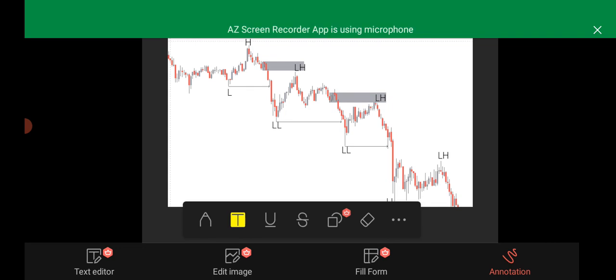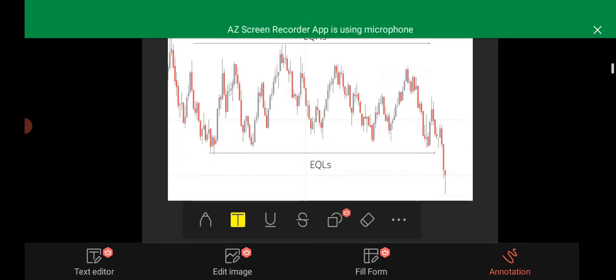You will also see the market continuously breaking the lower lows and respecting the lower highs. The lower highs will not be broken. So you have to see the market breaking the lower lows continuously. The market is breaking lower lows but respecting lower highs. They must not be broken, the lower highs, in a downtrend.